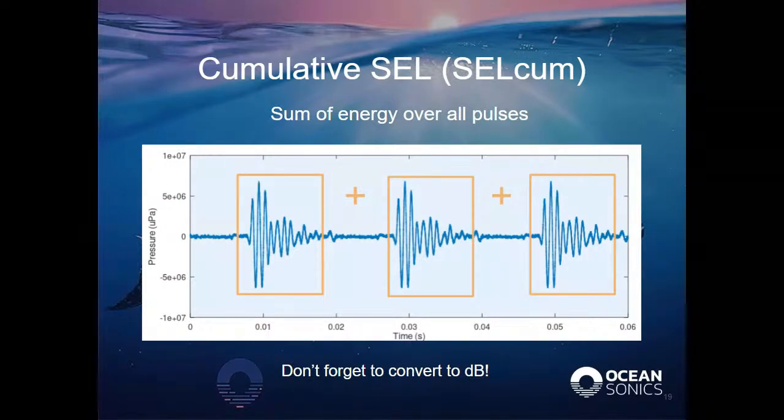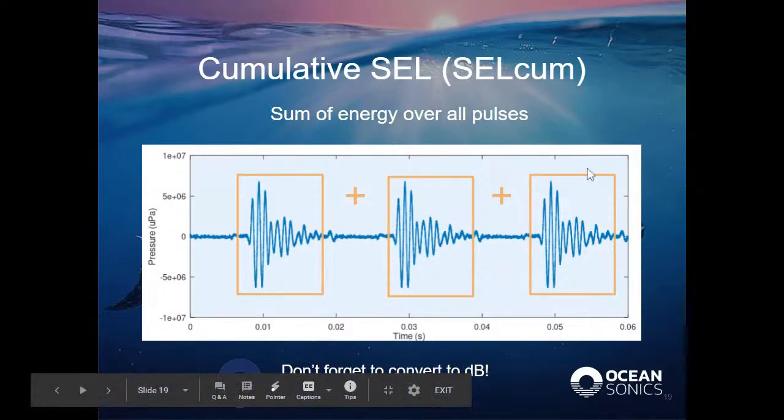There's sort of a cheap way where you calculate the SEL for one pulse, and then you just multiply by the number of pulses that you made, or pile drives or explosions or whatever, and then convert to dB. The more proper way to do it is to actually detect each of the pulses, calculate the energy in each of them, and then sum that, and then convert to dB.